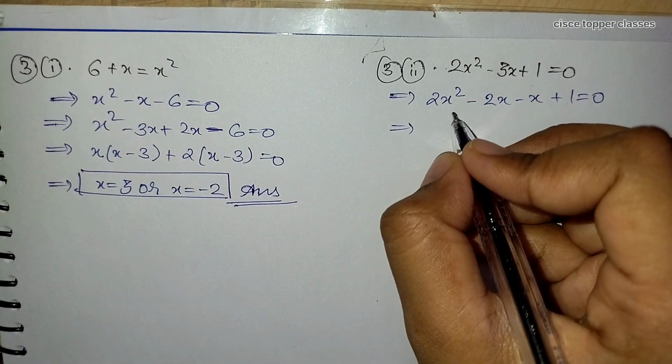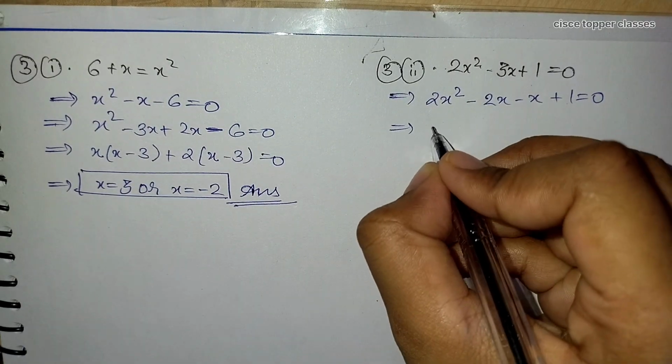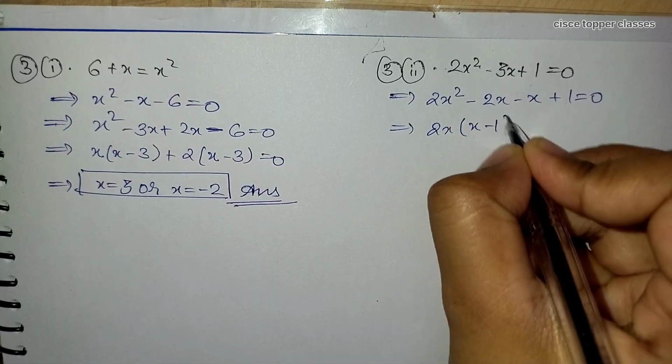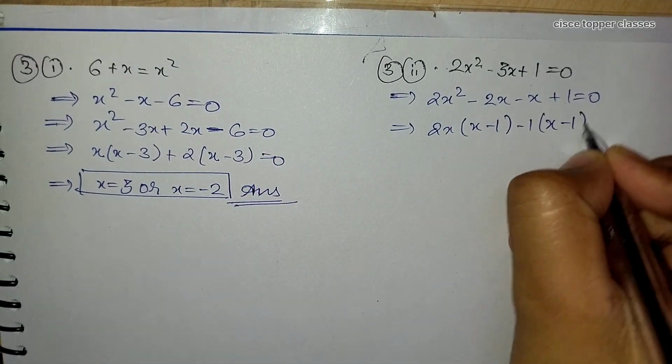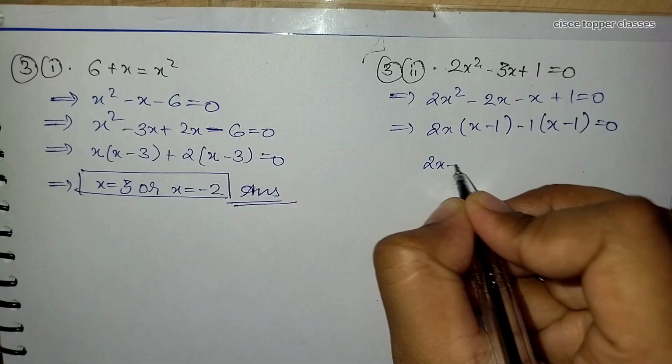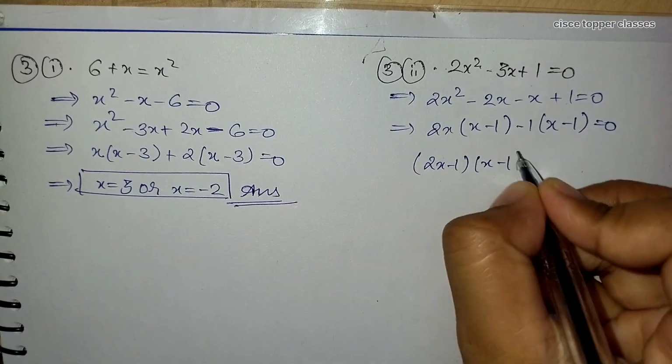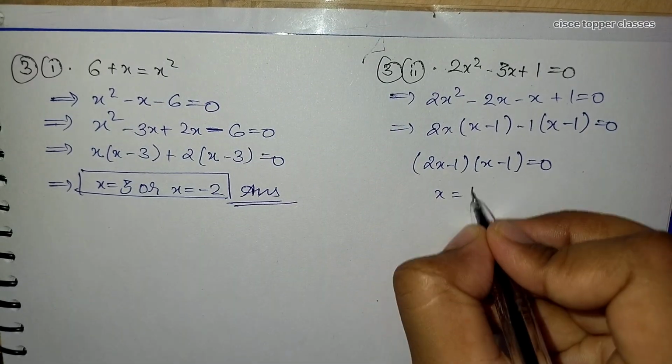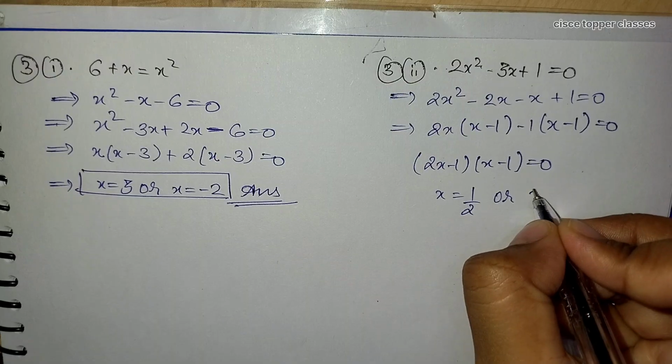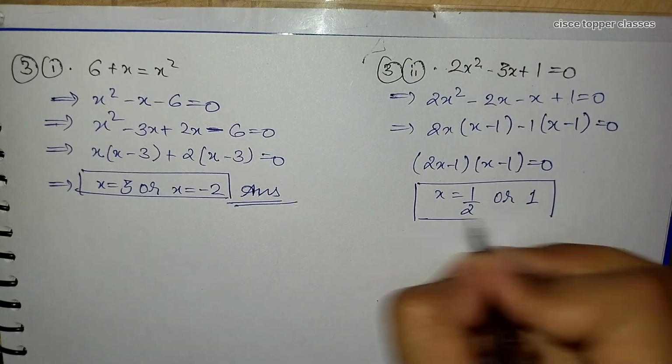Now we can take common factors to form linear equations: 2x into x minus 1, minus 1 into x minus 1 equal to 0, so 2x minus 1 into x minus 1 equal to 0, and x is equal to 1 by 2 or x is equal to 1 is the final answer in this question.